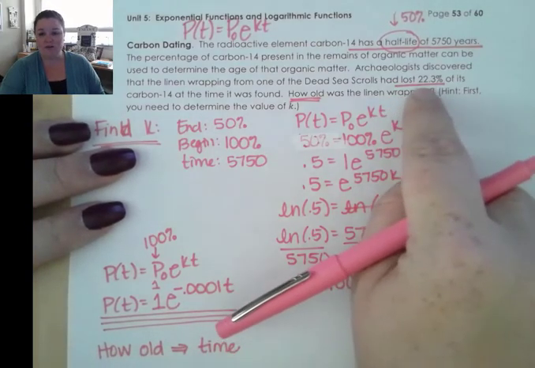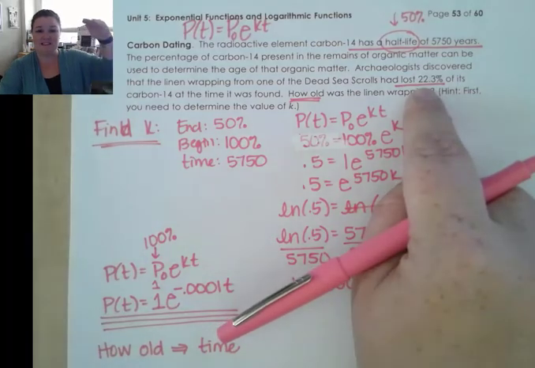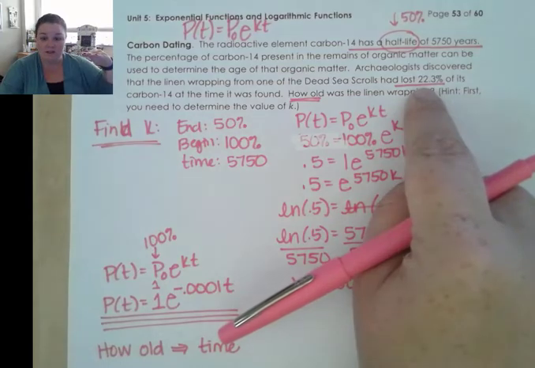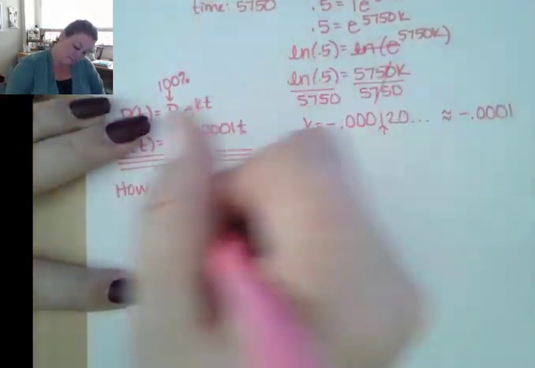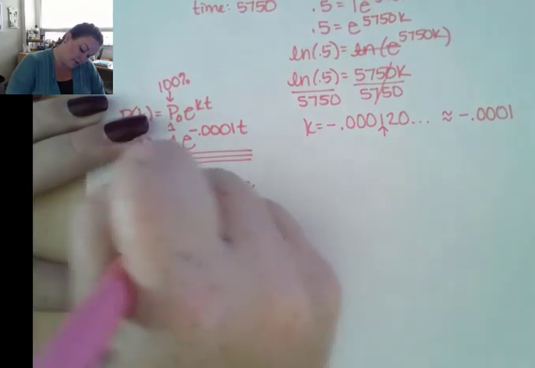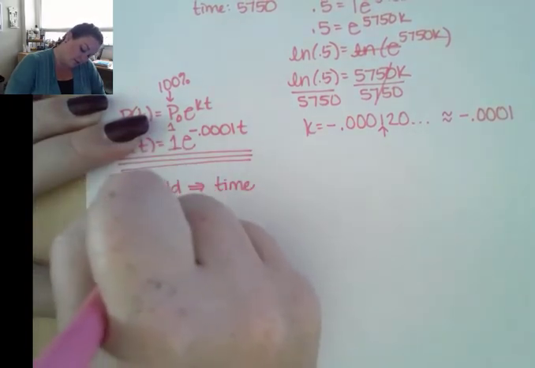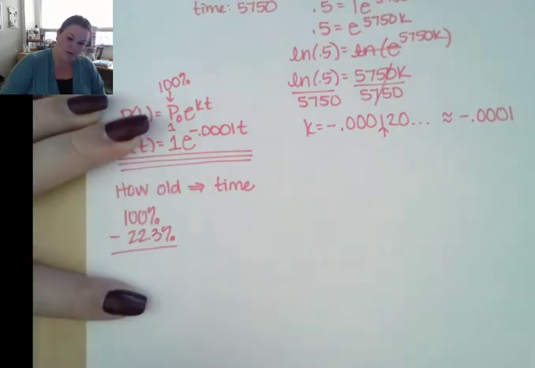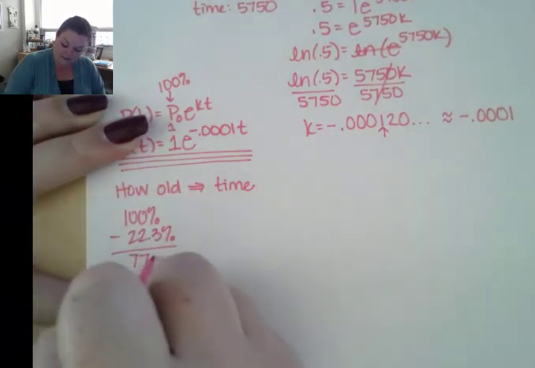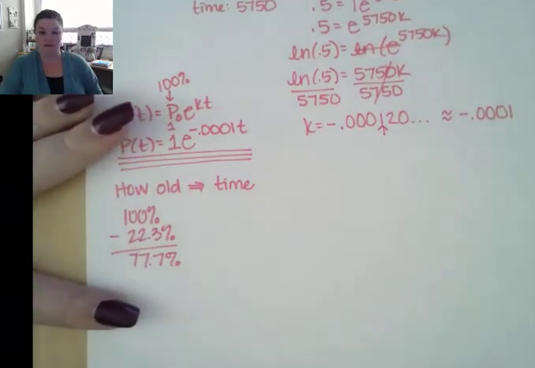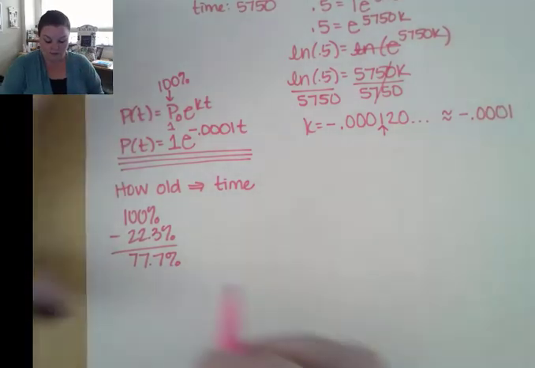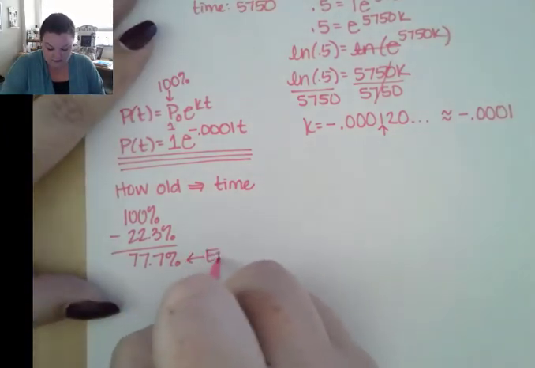So if it lost 22.3%, that means it's down from its original 100%, it's down 22.3%. So I'm going to go ahead and just say we started with 100%. We lost 22.3%, which means we are now at 77.7%, right? All right, so this is our end amount.